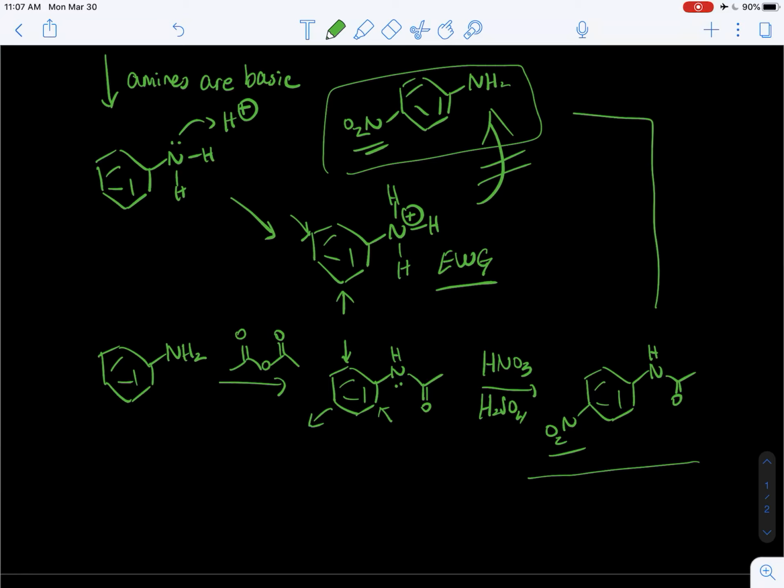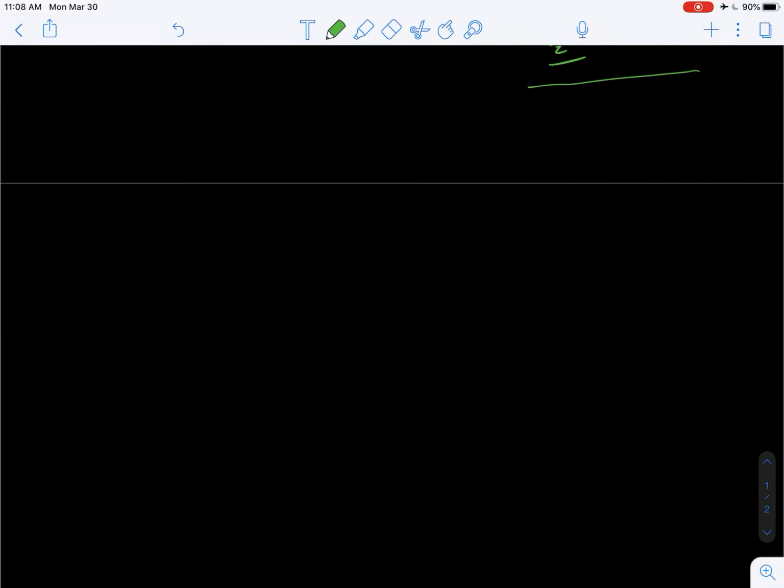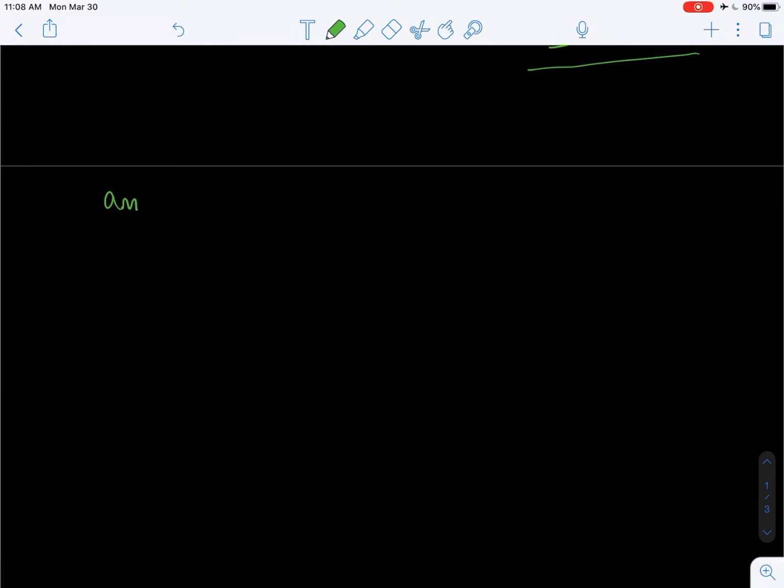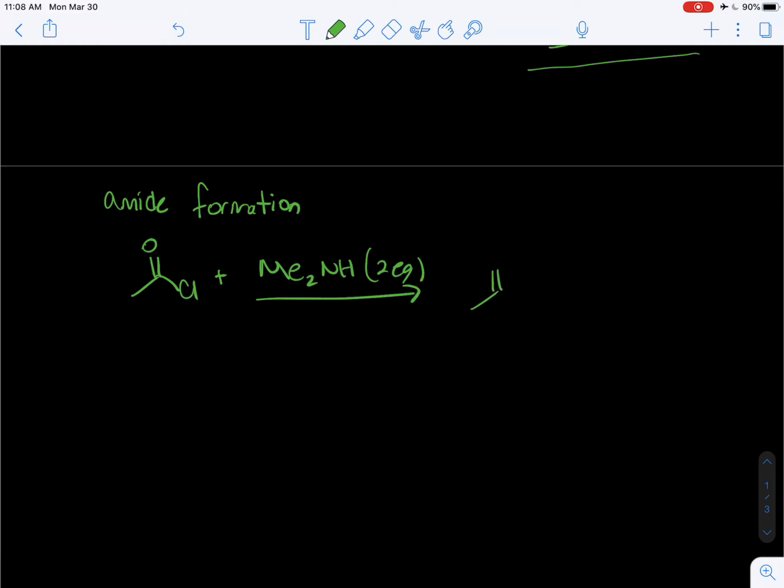So to get that, what we have to do is deprotect this acyl group. And we do that with water, acid, lots of heat. Okay? And that will be hydrolysis. Okay? So we've talked about amide formation here. Amides can be formed from acid chlorides, two equivalents of an amine of your choosing.